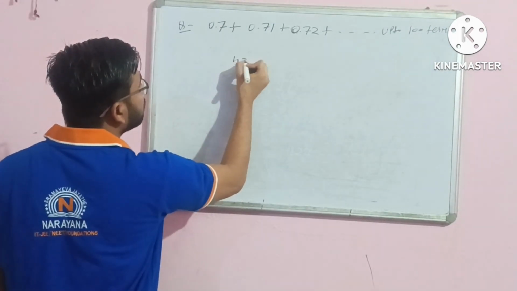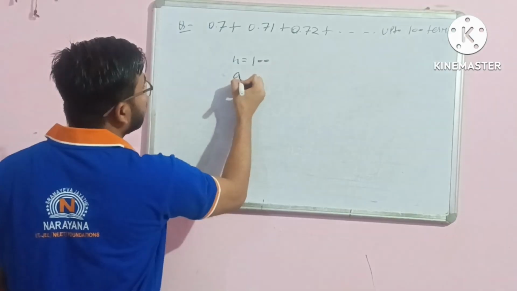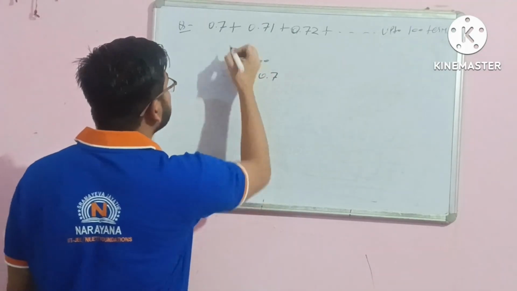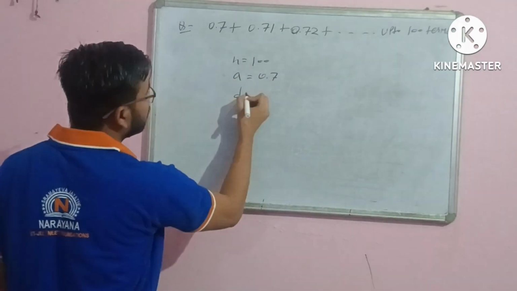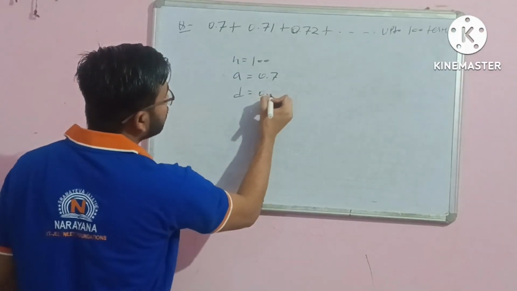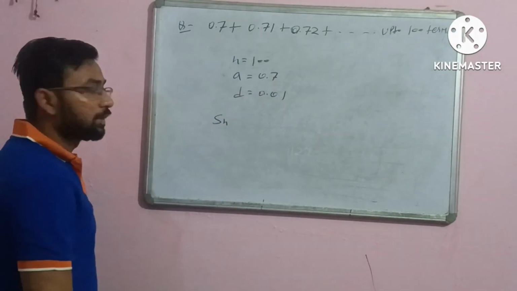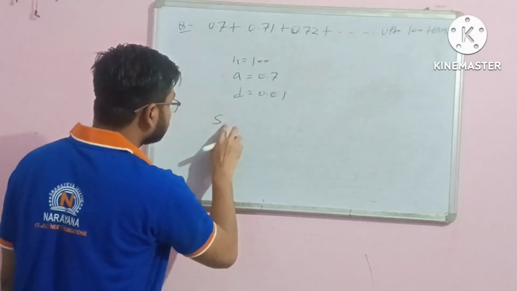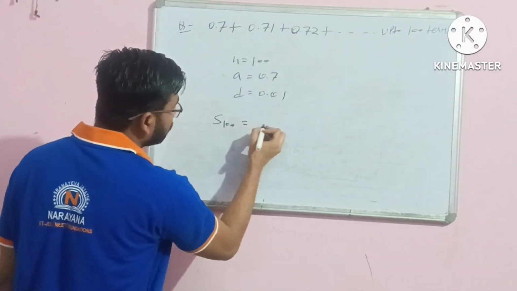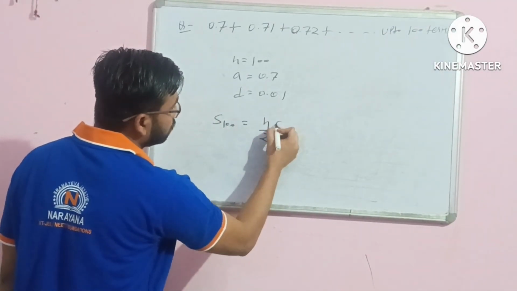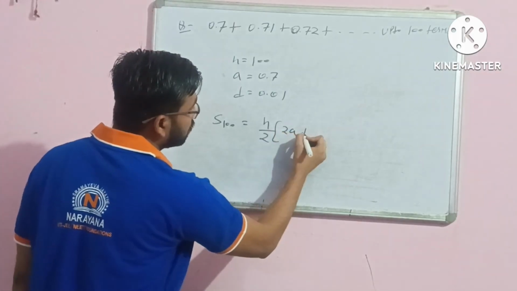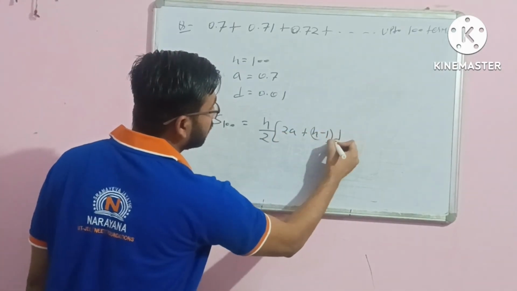Here n becomes equal to 100 and a is 0.7, which is the first term, and the common difference is 0.01. Then what is the formula to calculate the sum of 100 terms? n by 2 into (2a plus (n minus 1) d).